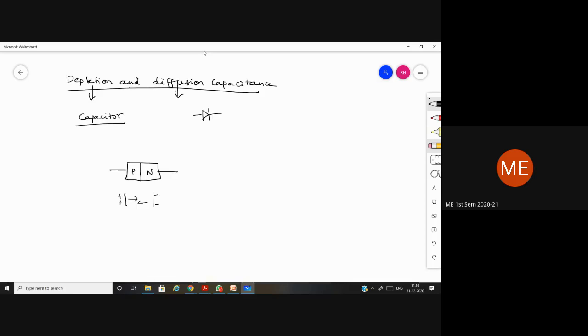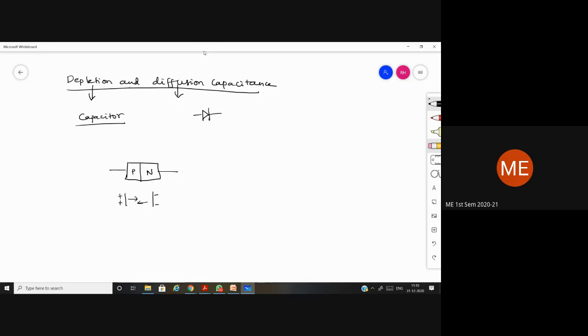Depletion capacitance is compared with the positive and negative plates of a reverse biased PN junction, where the P and N layers are moving away from each other because of the creation of the depletion region. This is compared with the positive and negative plates of a capacitor moving away from each other.